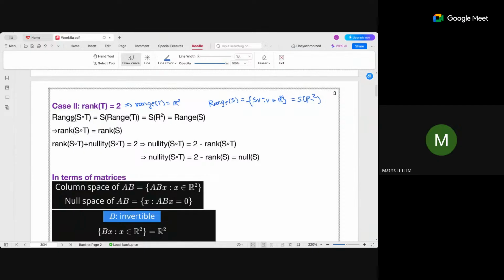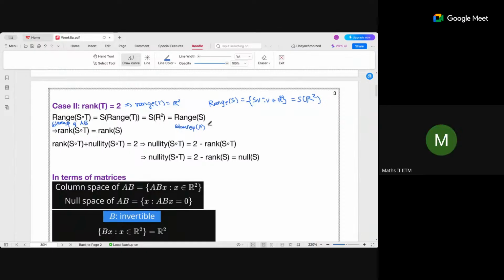Now another thing I told you. Range of S composition T is nothing but span of the columns of AB, right? So you see that range is nothing but column space of AB, correct? And here, this is column space of A, right?